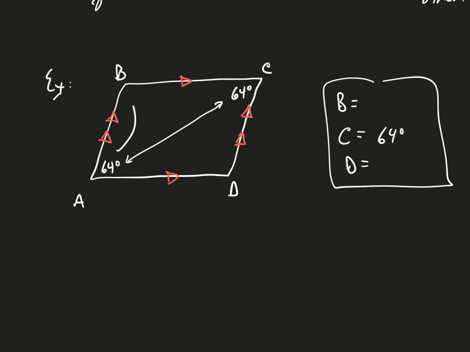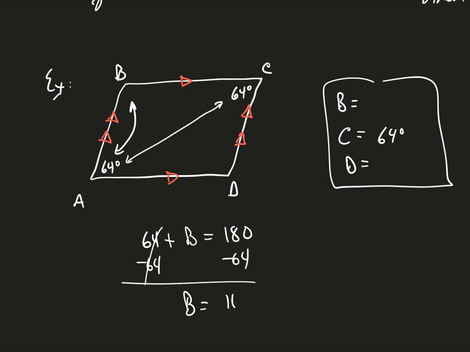So angles right next door to each other are supplementary. So that would mean that 64 plus B would add up to 180 degrees, which would allow us to subtract 64 to the other side of the equation, and therefore B would be equal to 116 degrees.